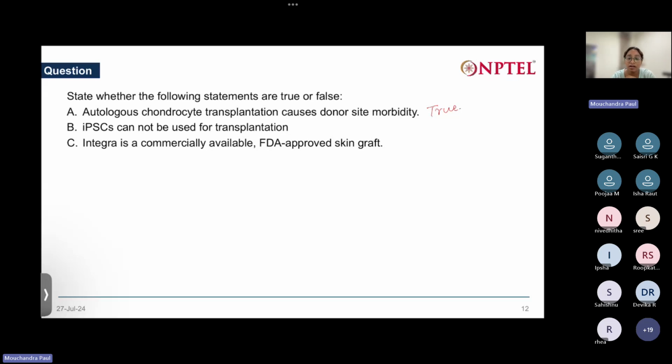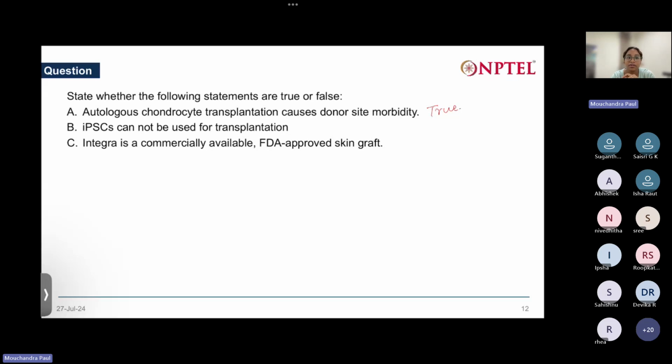Similarly, there are other skin grafts available which contain only epidermis specific cells, or acellular grafts, which are just a biocompatible polymer membrane that gives a substrate only. Cells are not there, they are just acting as a substrate onto which the host cells are allowed to migrate and grow. So those kinds of skin grafts are also there.